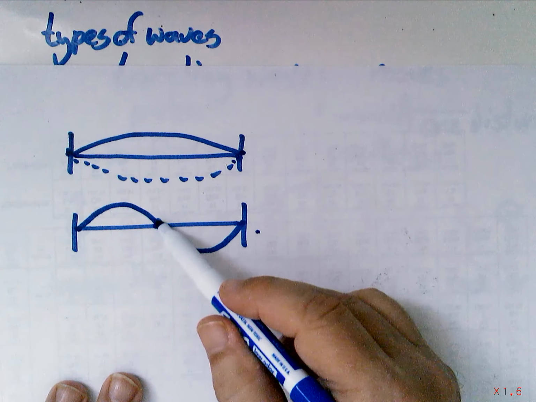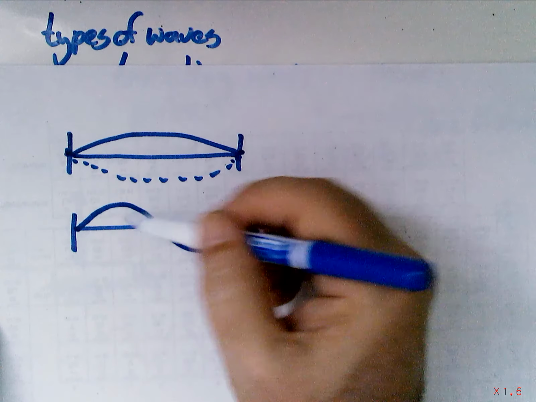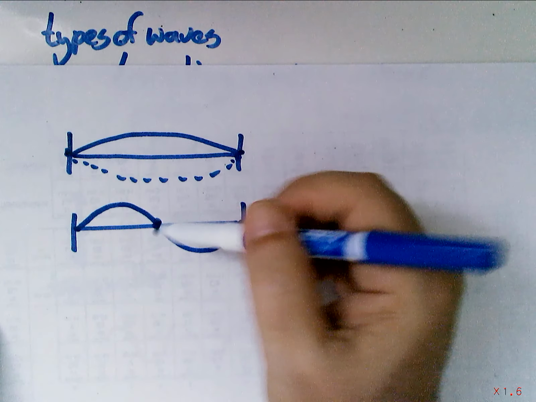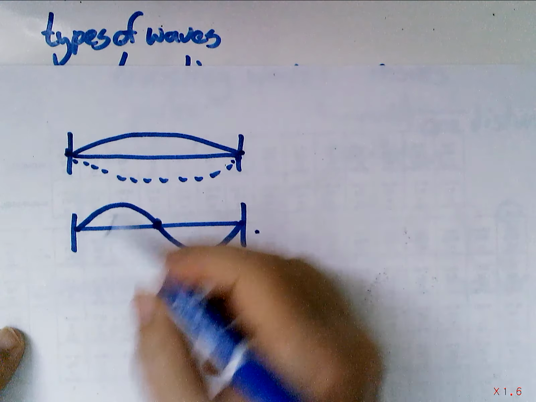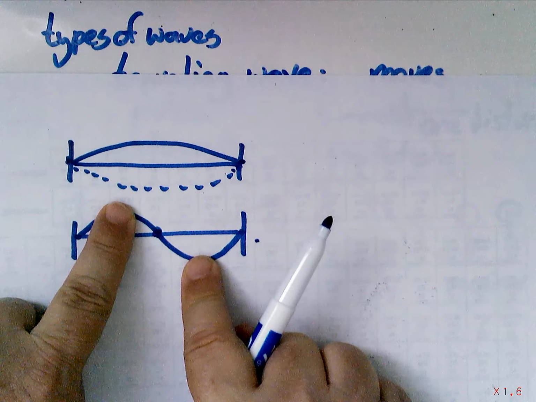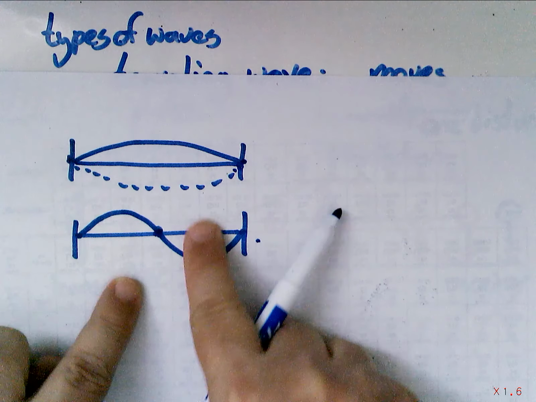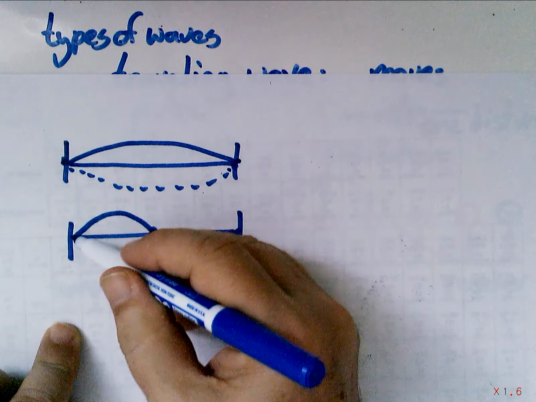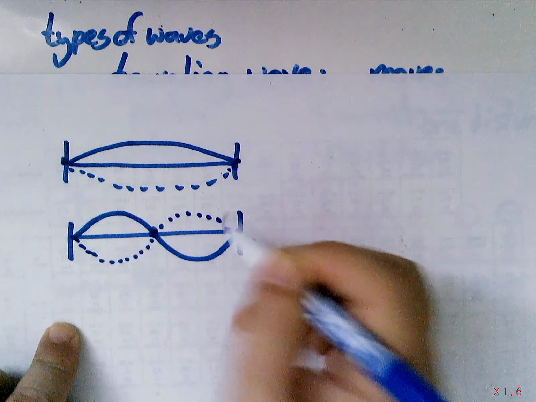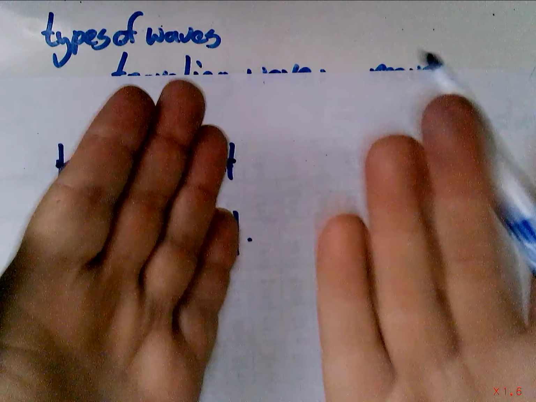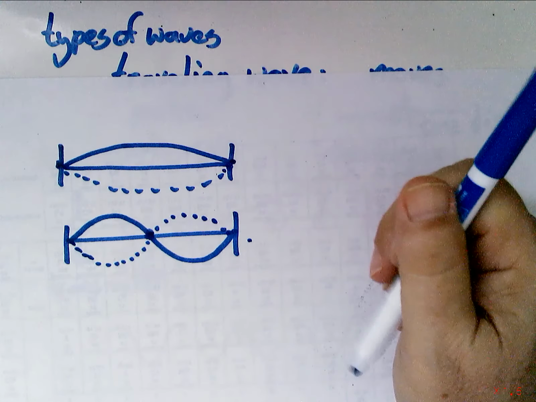But I forced it to have no, we call it amplitude, no movement away from the baseline here. At this instant, this is up, and this is down. But at the next instant, it's going to go the other way. You can draw that in as a dotted line, maybe. So it's going to go up and down like that.